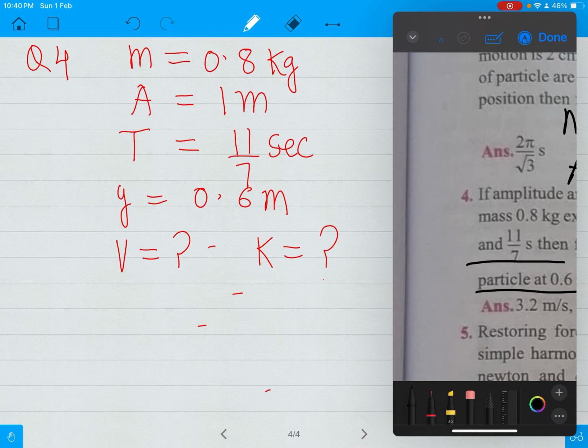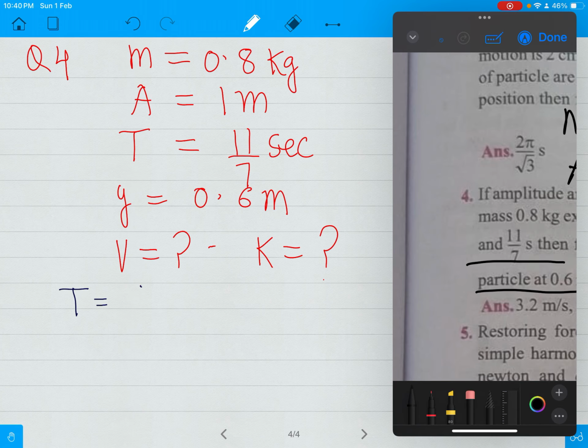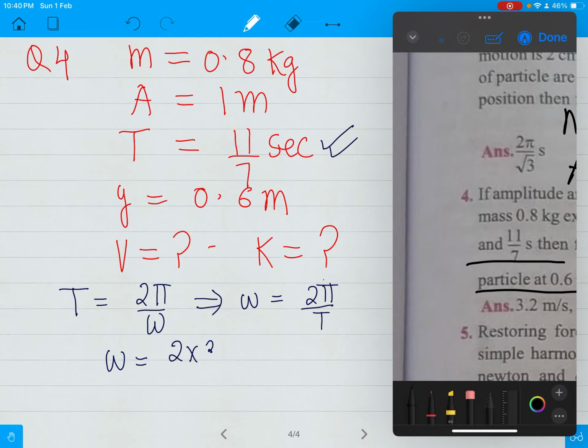So see here, how will you find? First, by using the formula of T, we will find out omega. T equals 2 pi by omega. So from here, omega equals 2 pi by T. Substitute the value. Omega equals 2 into pi, and since T is 11 upon 7, we will write 22 upon 7.